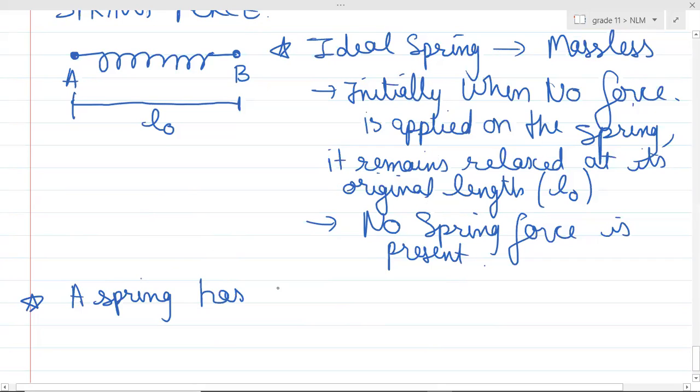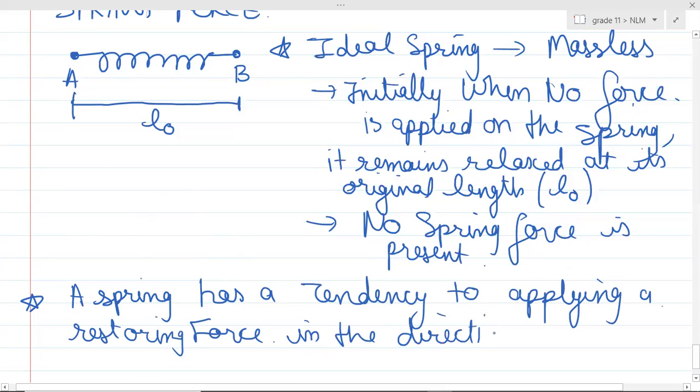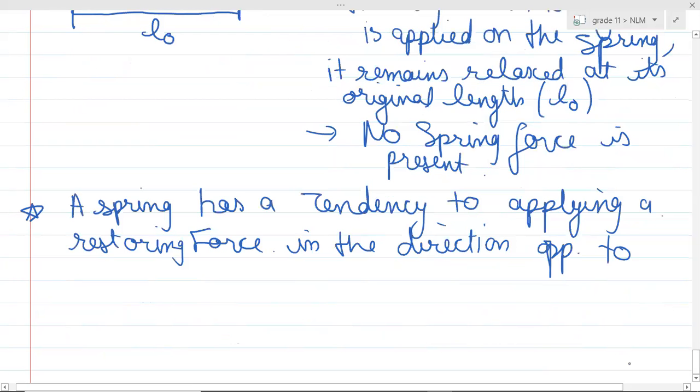So always remember, a spring has a tendency to apply a restoring force in the direction opposite to the deformation.